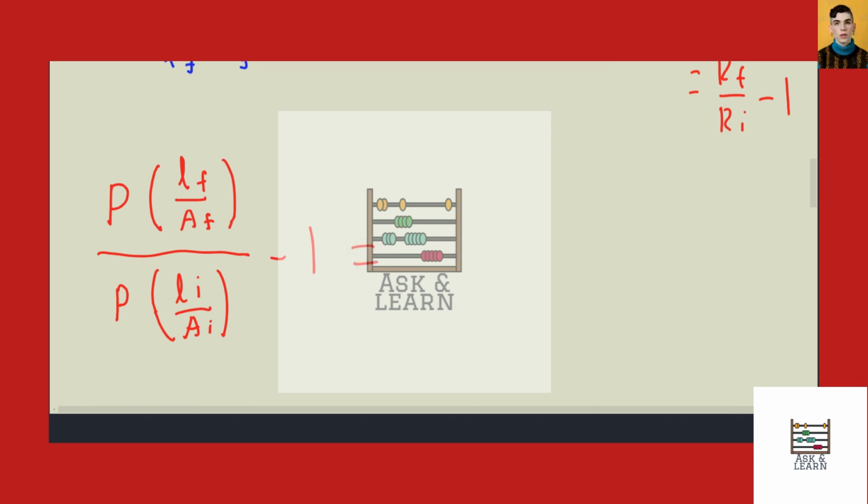And then we can simplify this as L of F divided by A of F times A of I divided by L of I, minus 1.